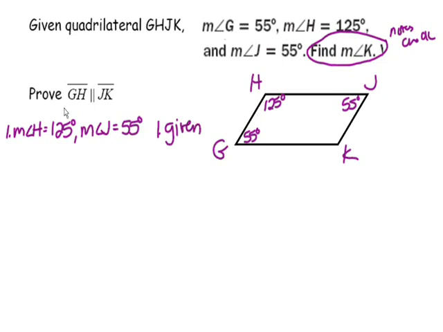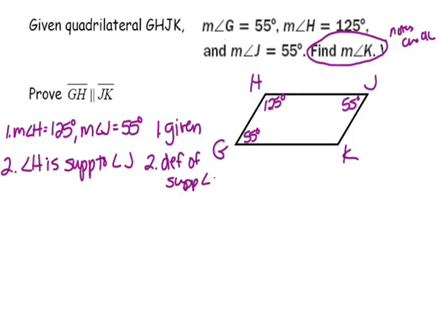Okay, if this is true, then since 125 plus 55 is 180, that means they are supplementary. So angle H is supplementary to angle J. What is the reason for that? Well, that would be the definition of supplementary angles, which is that their sums are 180 degrees.